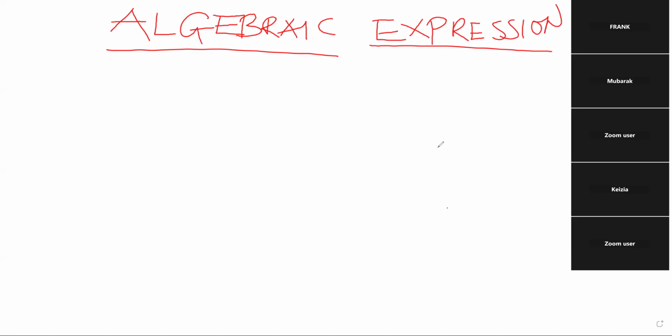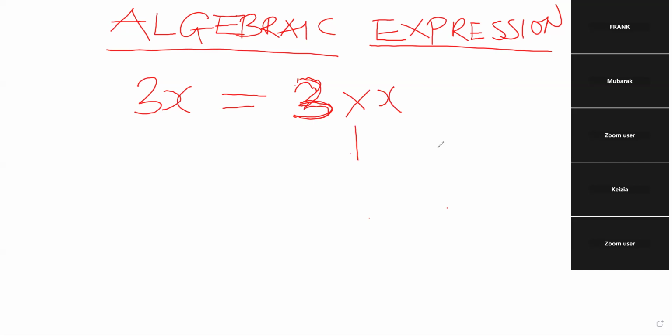So if we have 3x, this is an algebraic expression, because it is made up of a number and then a letter, and there is an operation that connects the two. 3x is seen as 3 times x.